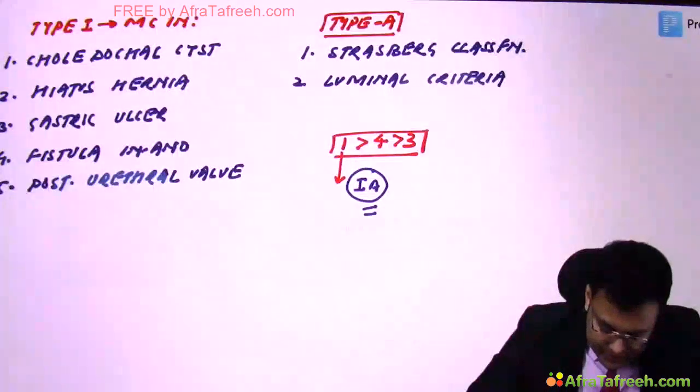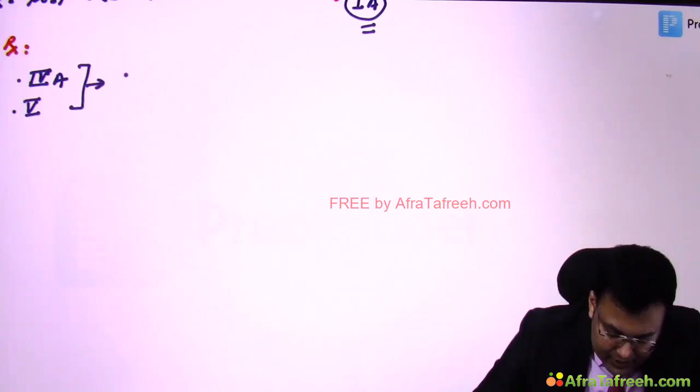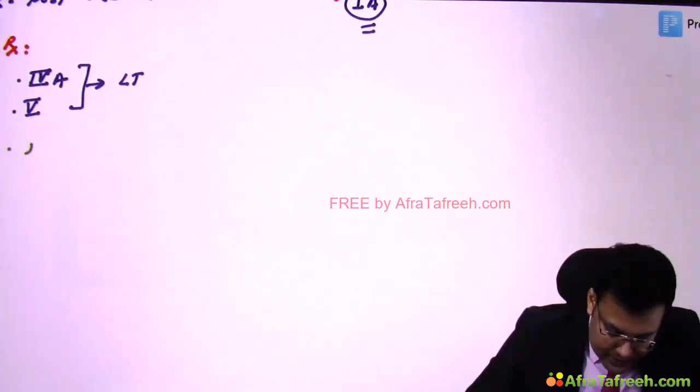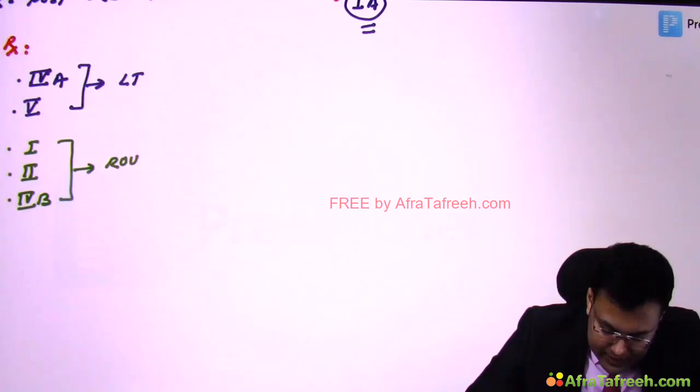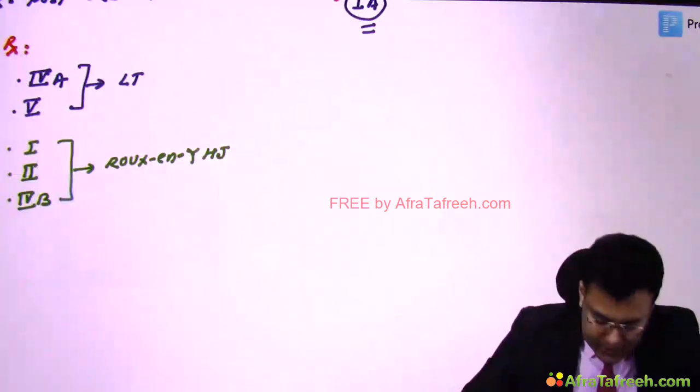So see the treatment. Obviously for type 4A and for type 5, we go for liver transplantation. For type 1, type 2 and type 4B, we go for Roux-en-Y hepaticojejunostomy, and type 3 is totally different.